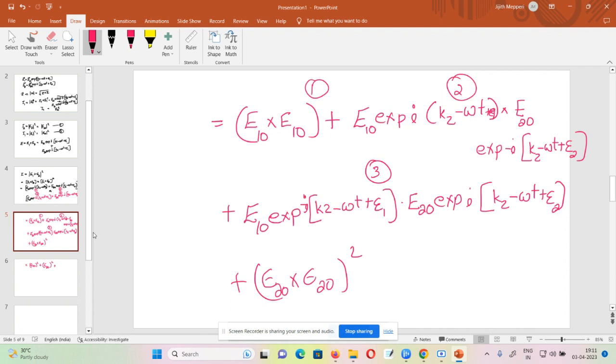Here also the exponential term is the product of exponential i(kz − ωt) and exponential −i(kz − ωt).